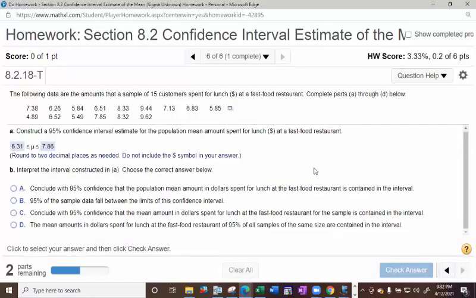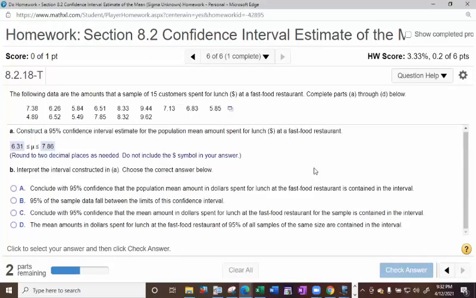Interpret. All right. B is wrong. D is nonsense. A or C?